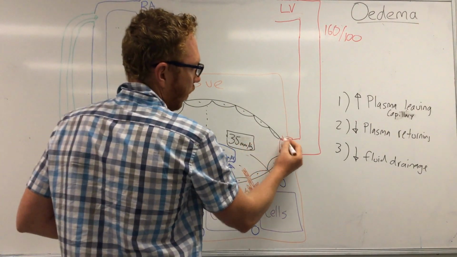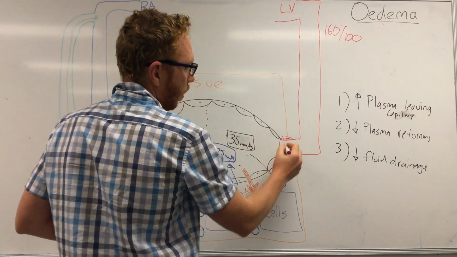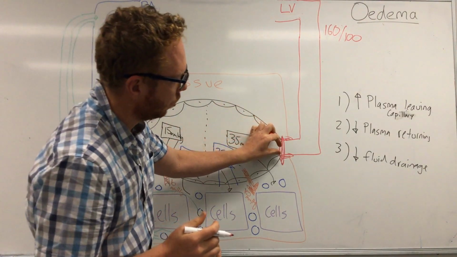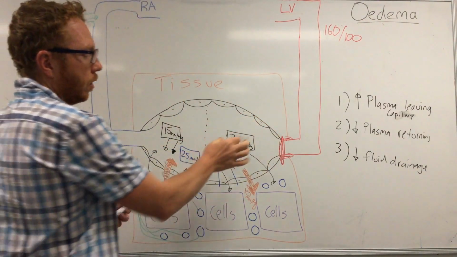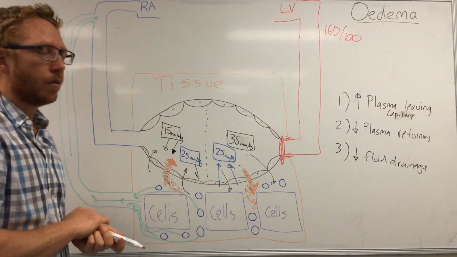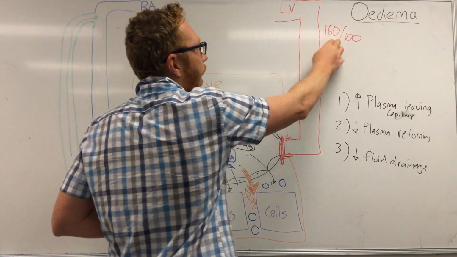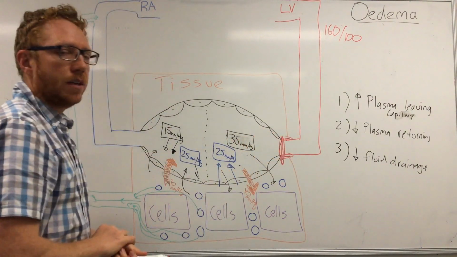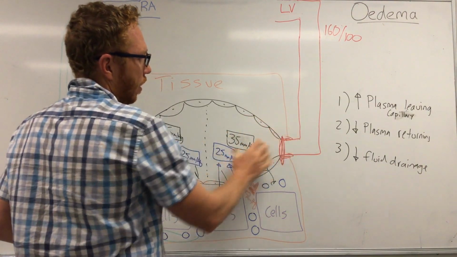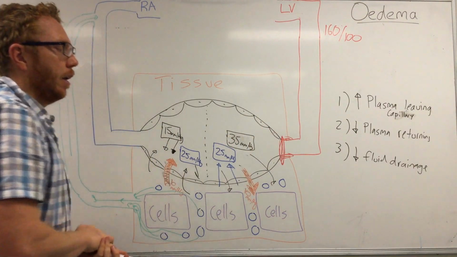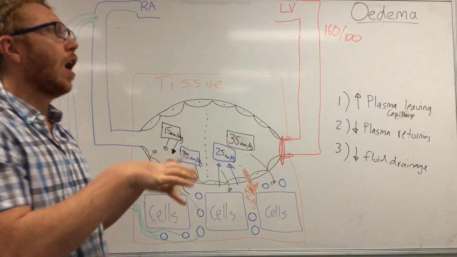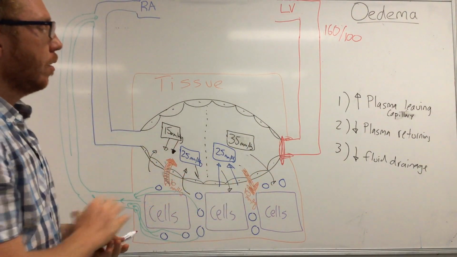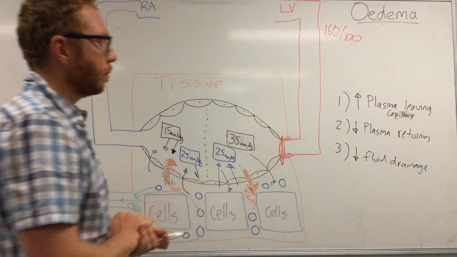There's a sphincter around here with smooth muscle that would contract and narrow, or vasoconstrict, to keep that number at 35. So if your blood pressure is high systemically, your pre-capillary sphincters would start to contract to keep that number in check. So with a person with hypertension, you don't get an edema from it. Okay? So that's at the arterial end.